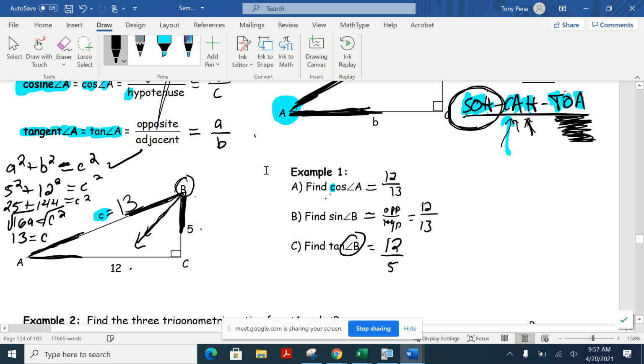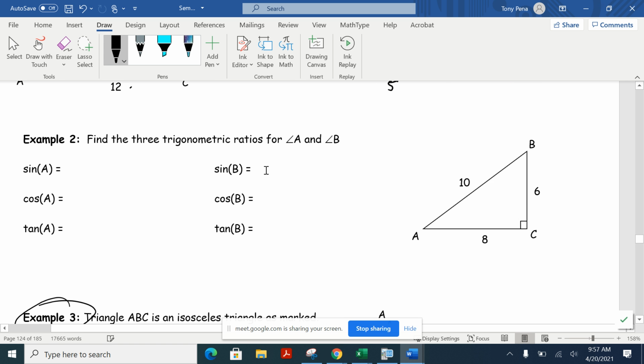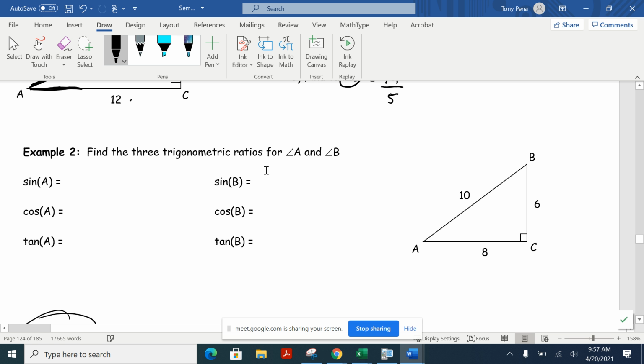All right, next ones. Do all of those. So I'll give you about 2 minutes. Remember the little phrase. Might sound weird, but SOHCAHTOA.